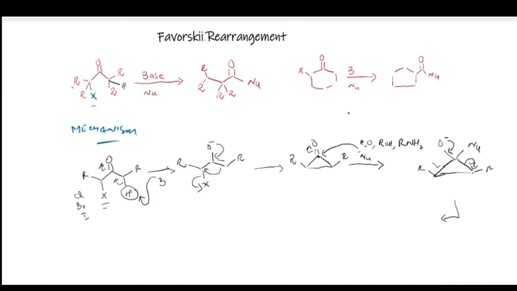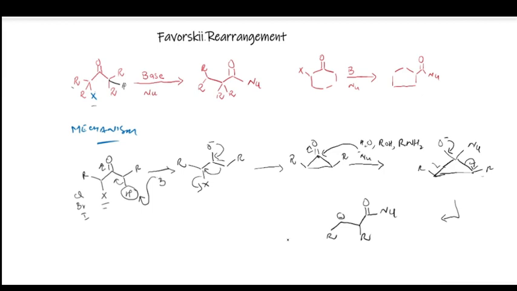It forms a carbanion on this carbon, with the formation of the carbonyl here, which has the nucleophile attached to it, whatever nucleophile you have used, that will be attached here. And then we have this CHR group here, which is then attached to the carbanion, and it has the R group attached here.